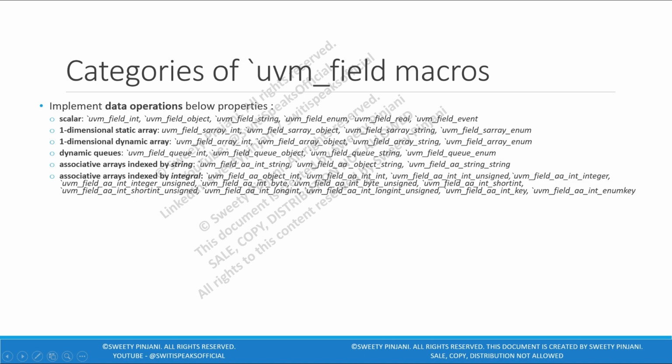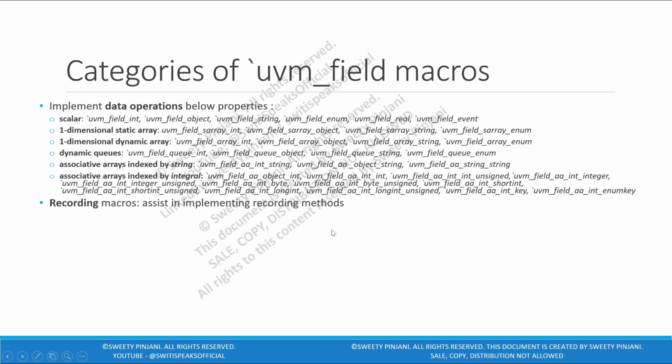Associative array of integer indexed by integer, associative array of unsigned integer indexed by integer. Then if you want to have associative array of integer indexed by int, then UVM field AA int integer, and so on. There can be a lot of different data types possible.